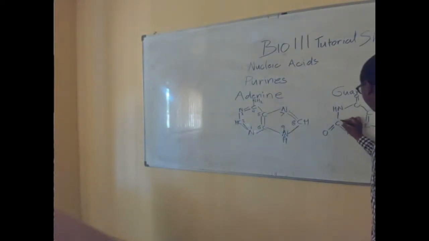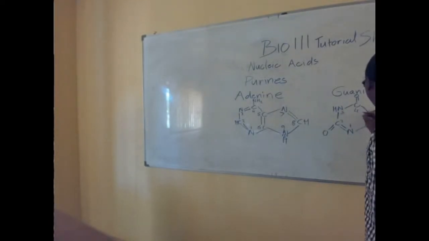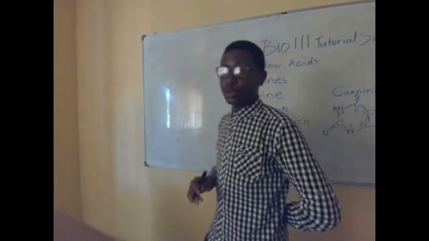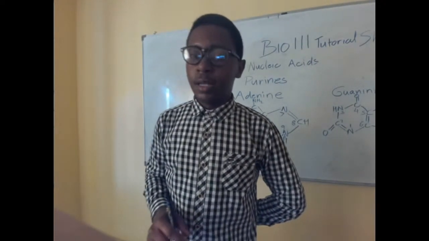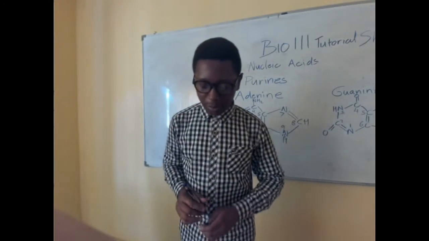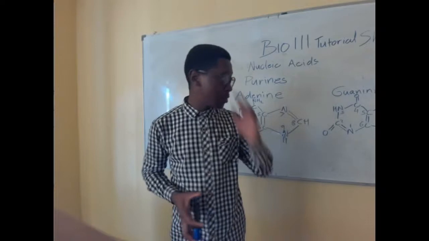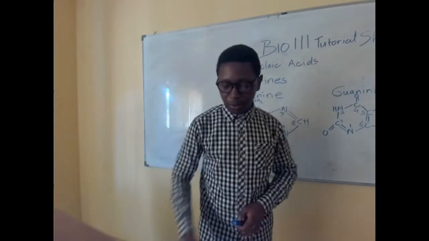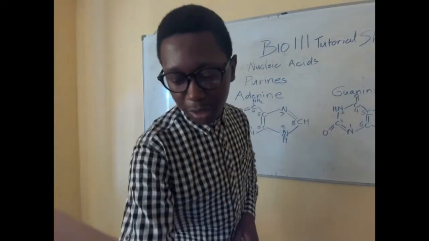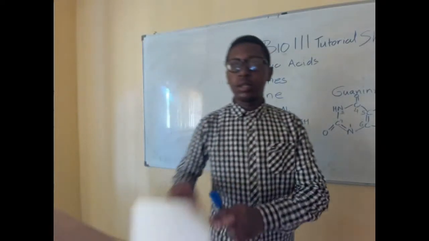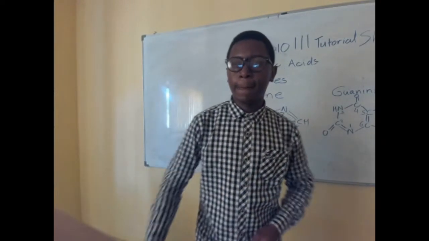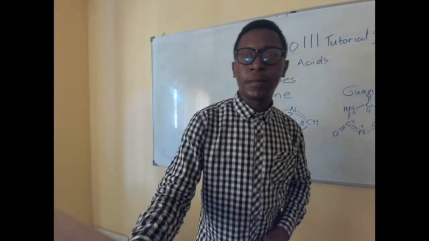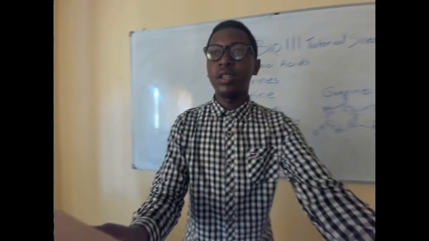So in guanine, this is 1, 2, 3, 4, 5, 6, 7, 8, 9. Okay, so these are the two different purines that exist. So these are the structures of guanine and adenine. Okay, so we are done with this question. We move on to the next question.